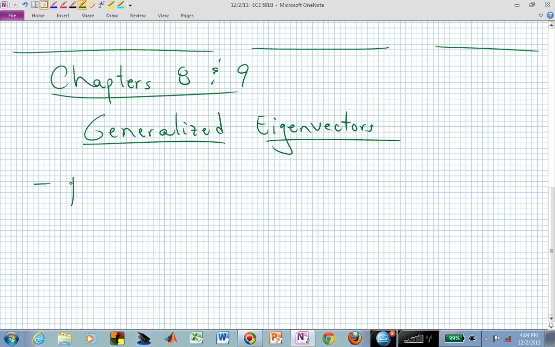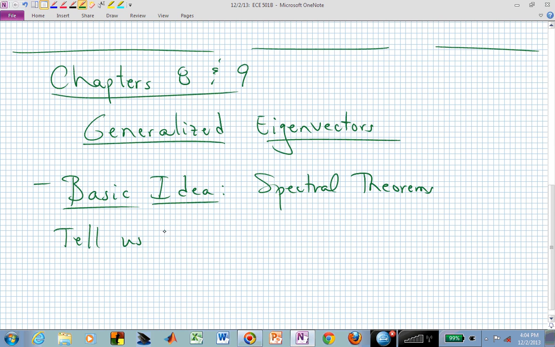What we hopefully remember or can recall is that we have this basic idea coming to us from our spectral theorems. From our spectral theorems, they tell us something about what matrices or operators can be diagonalized, or how we can identify some of those matrices or operators that are diagonalizable.